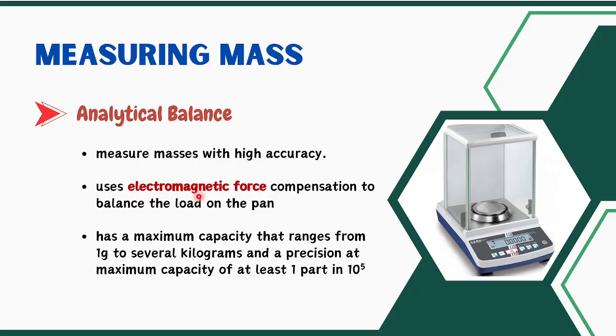It also uses electromagnetic force compensation to balance the load on the pan, and it has a maximum capacity that ranges from 1 gram to several kilograms and a precision at maximum capacity of at least 1 part in 10 raised to the power of 5.